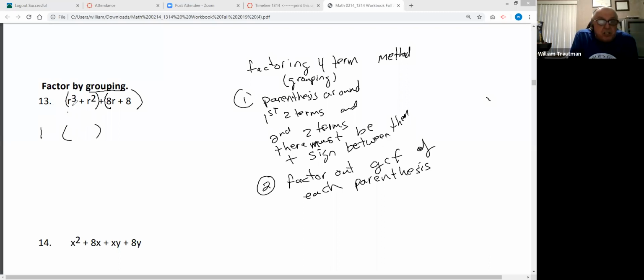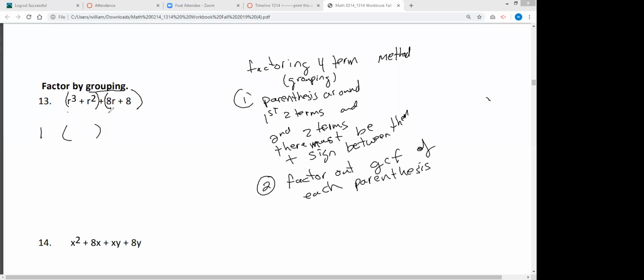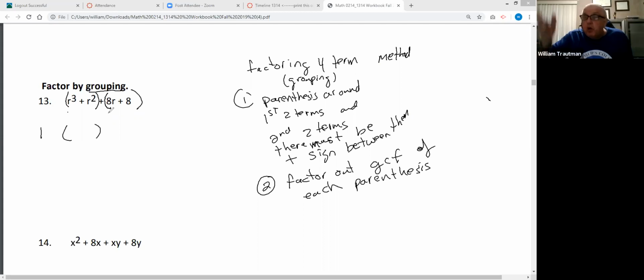But doesn't something else factor out? R squared. What is the step 2 for factoring the GCF? What is the lowest power of R? It's R squared. So when we say 1R squared, it's the same thing as saying R squared. So I'm not going to put the 1 there. Do you see how an R squared divides into both of these? R cubed divided by R squared, 3 minus 2 is R to the 1 power.